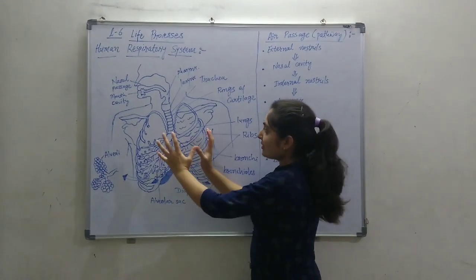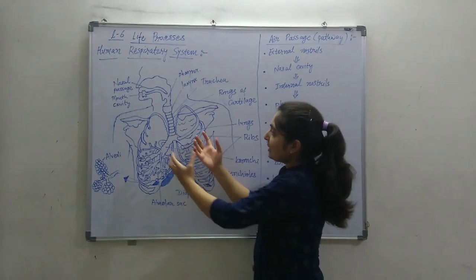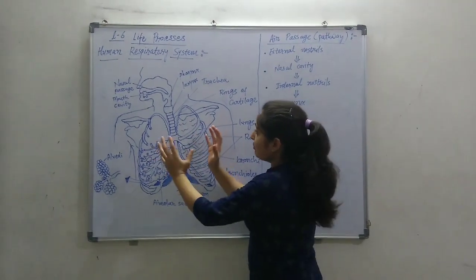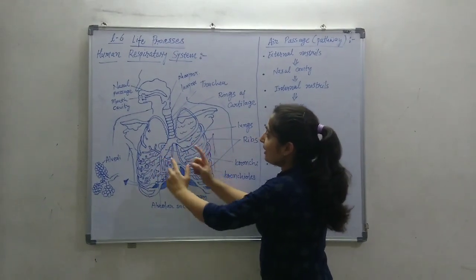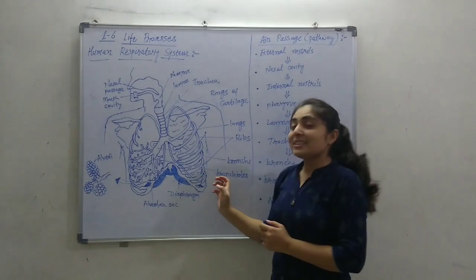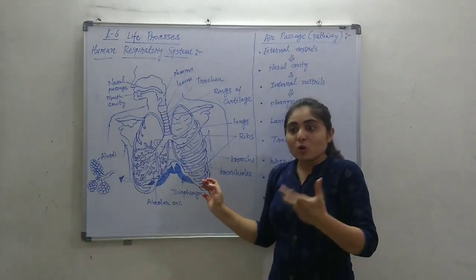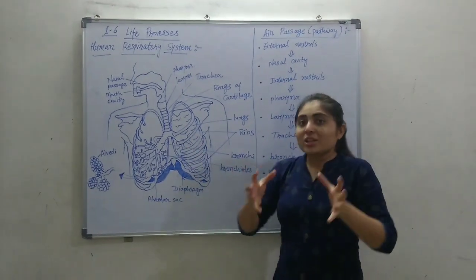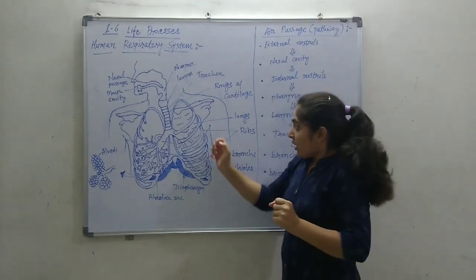In this thorax, the lungs are located, and they are protected by a bony structure. This bony structure is called the ribs, or also the thoracic cavity. So these ribs are protecting the two lungs.